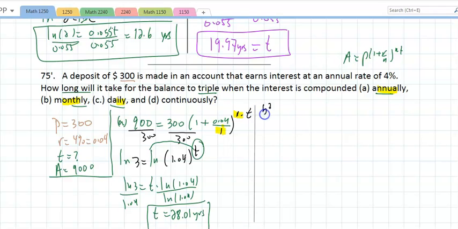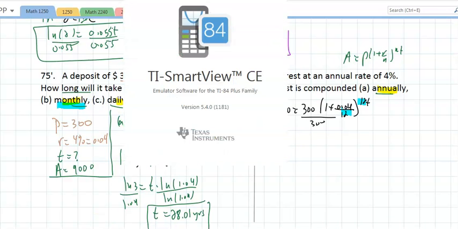says monthly. Well, the only thing that's going to change in B, 900 is going to equal 300 times 1 plus 0.04. The only thing that's going to change when you say monthly, how many months are there in a year? There are 12 months in the year, raised to the 12t, and the work is the same. Isolate, literally as we did, 3 is going to equal, and if I take my calculator, oh, wrong calculator, sorry.